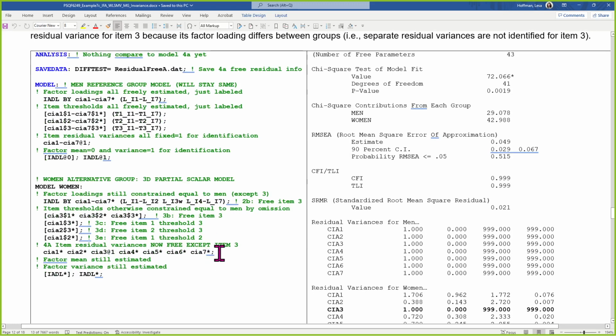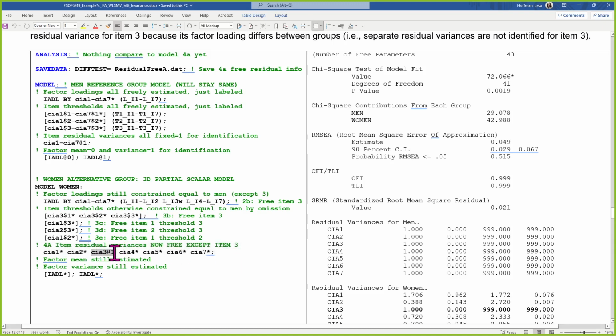So I have to first estimate a model that has all of those residual variances free as a comparison, and then re-estimate the previous scalar model against it, because diff test always goes in the order of more parameters than fewer.